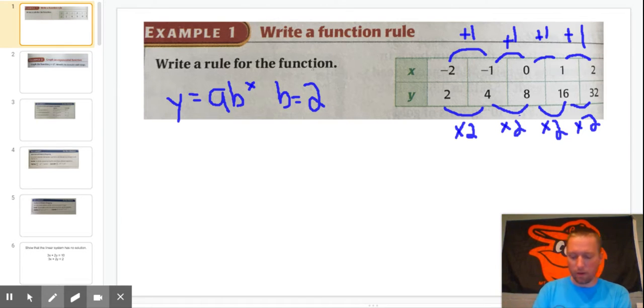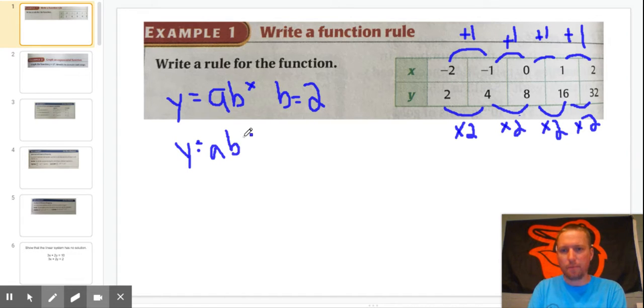Now, what we're next going to do is find the value for a by finding the value of y when x equals 0. So if x equals 0 here, y equals a times b to the power of 0.